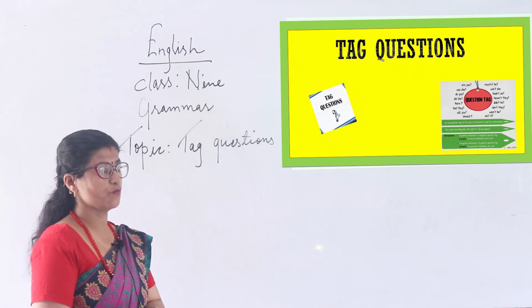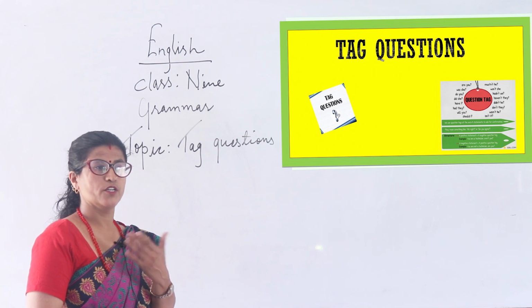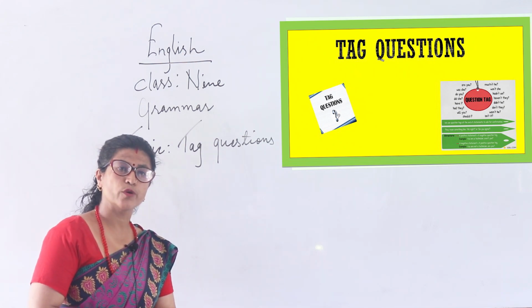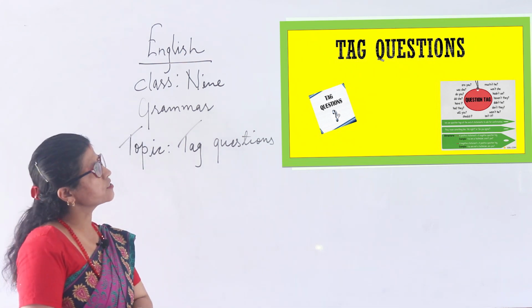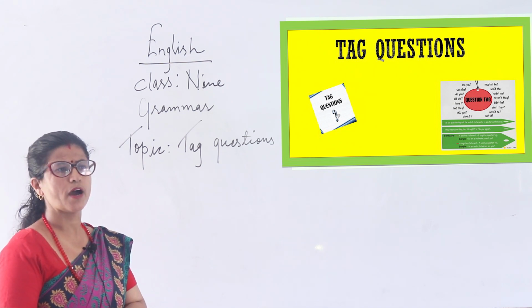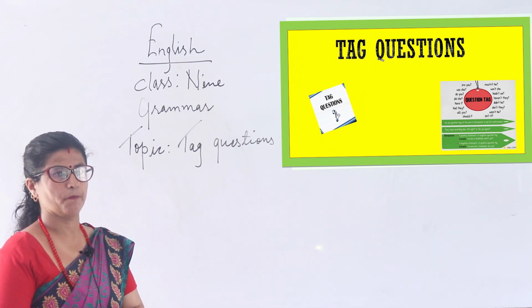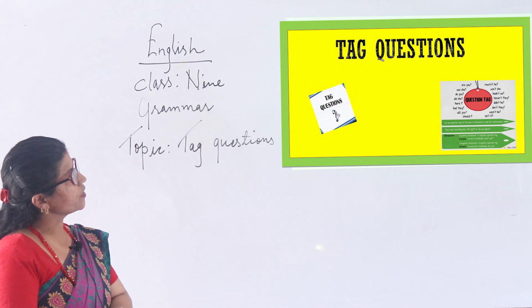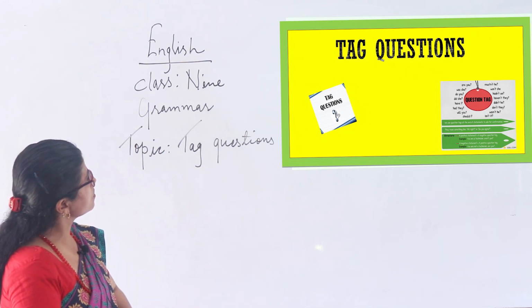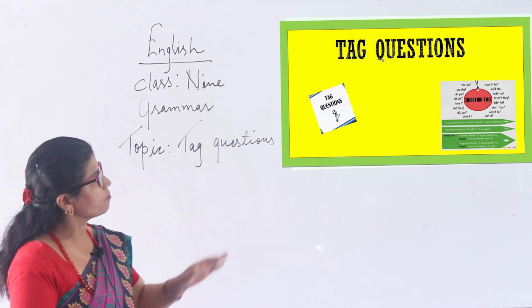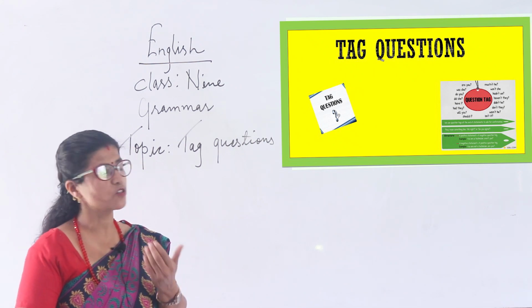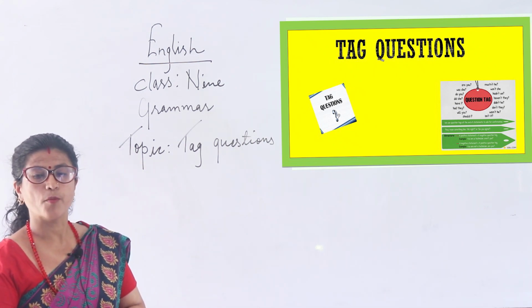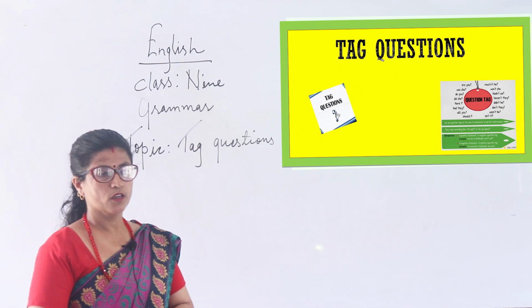Question is for information. We generally ask different types of questions, yes no questions, WH questions, and this tag question is also one of the parts of getting information. So here I have mentioned the topic question tag and some important things we have to understand about it in detail.